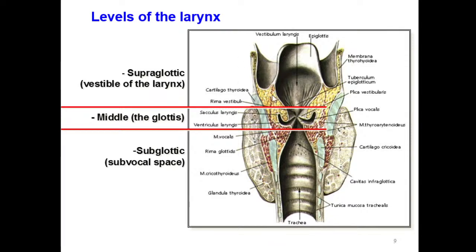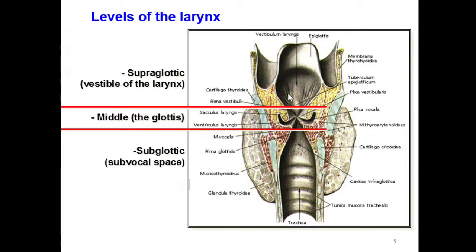Levels of the larynx, or floors of the larynx. The larynx, like the pharynx, has 3 levels: supraglottic, or vestibulum of the larynx; the middle, the glottis or laryngeal rim; and subglottic, the space from the inner surface of the vocal cords to the first ring of the trachea.